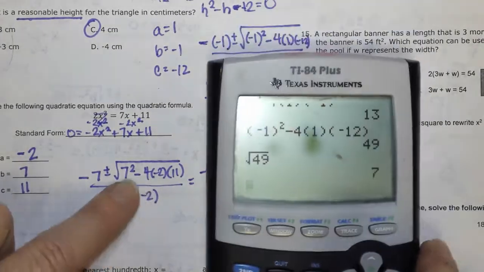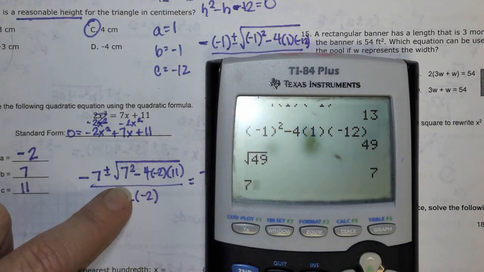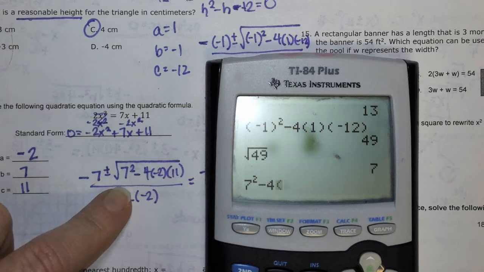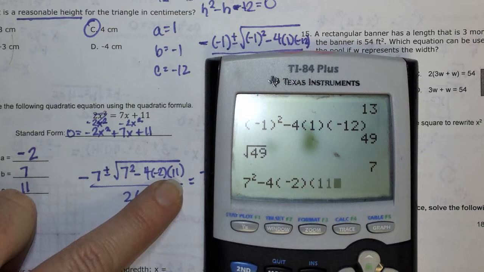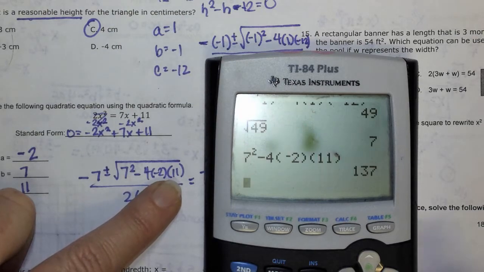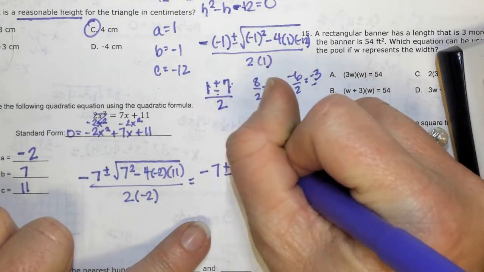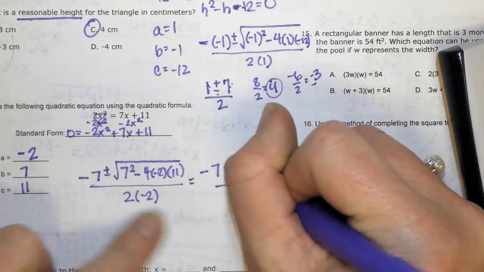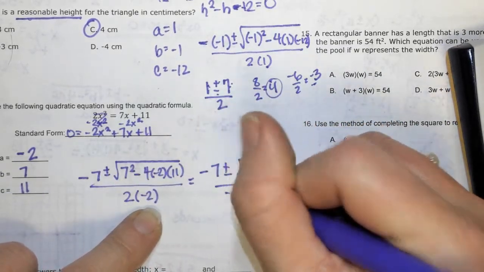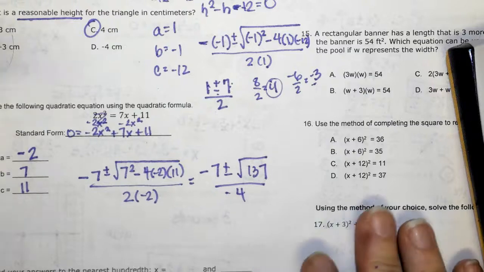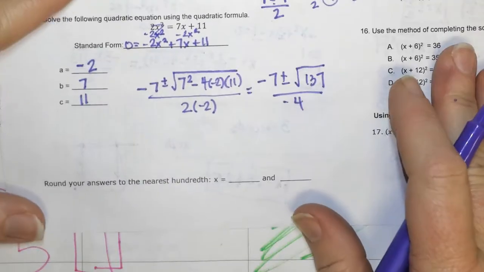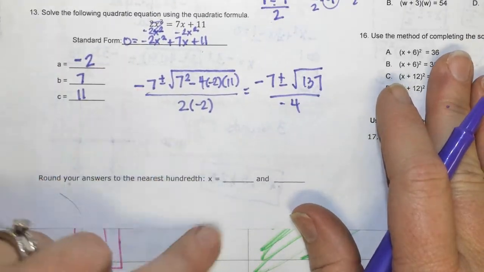So we'll figure out what we have inside of our square root here. We have 7 squared minus 4 times -2 times 11. That gives me 137, so I have the square root of 137, all divided by 2 times -2 gives me a -4.